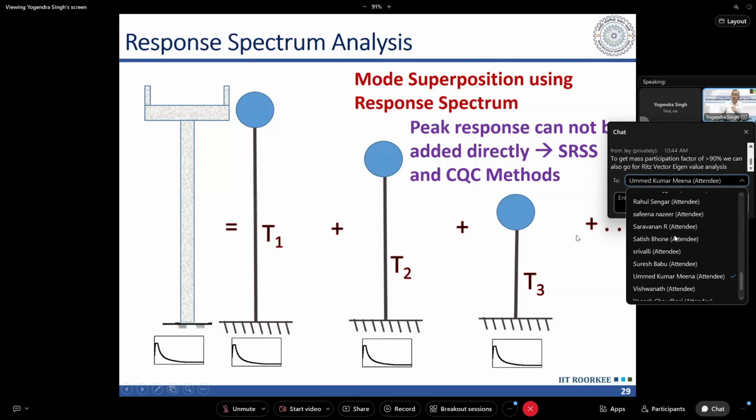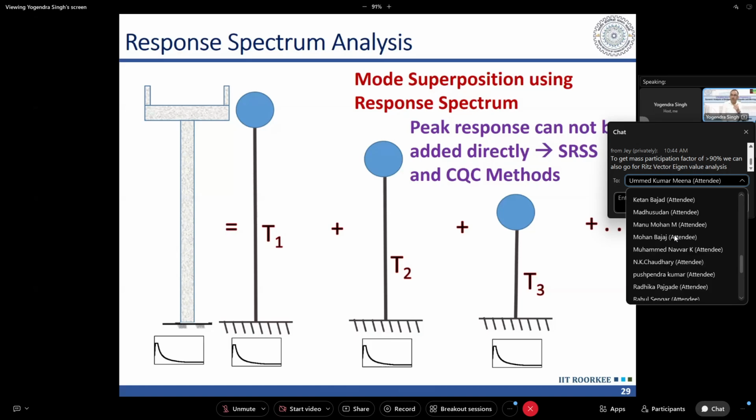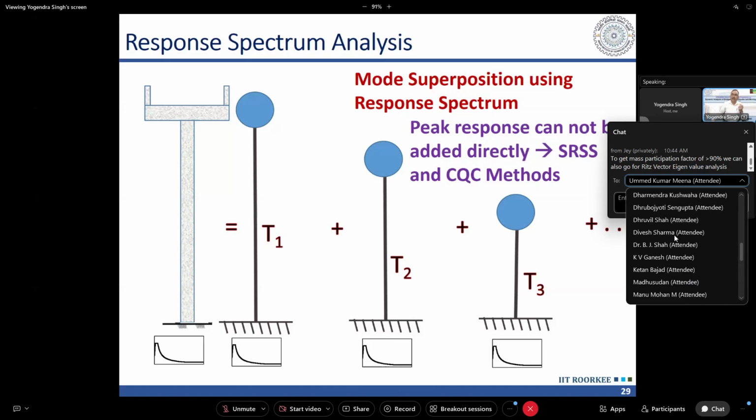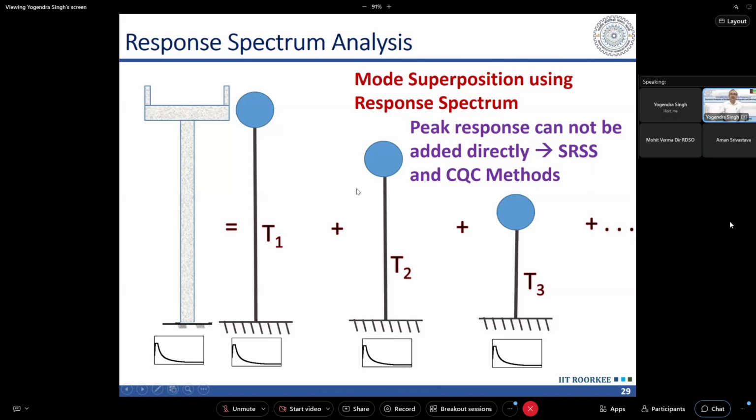In some cases, we also use missing mass correction. So suppose I have considered a sufficiently large number of modes, still I am not able to get the 90% mass participation. In that case, you look at the mode shapes of the structure and you will find that there are certain components. For example, in the vertical direction, and it will be demonstrated by Moe in the evening, in vertical direction, it is possible to excite the superstructure.